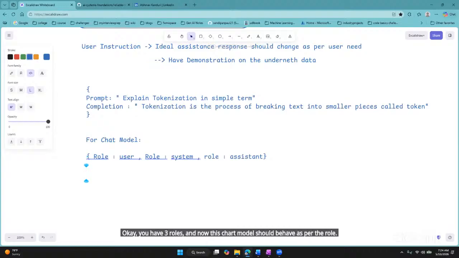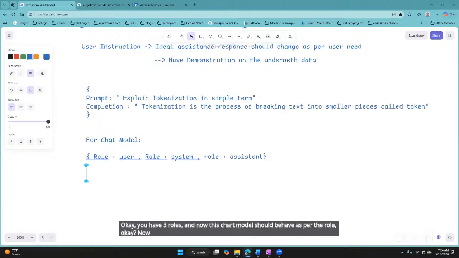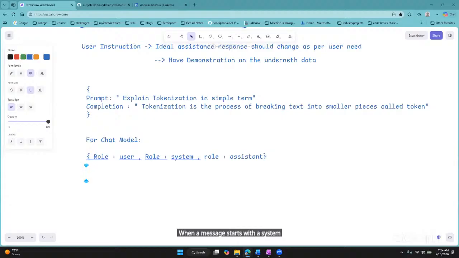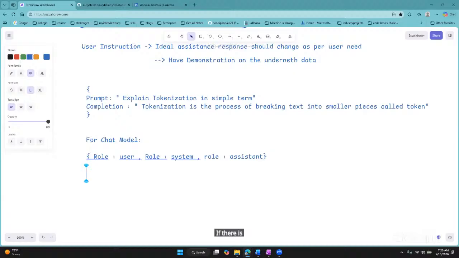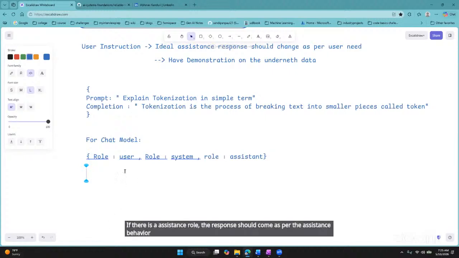When a message starts with a system role, the content should be as per the system role's behavior. If a user is asking the same question, the content should come as per the user behavior. If it is an assistant role, the response should come as per the assistant's behavior. So how does it identify based on the role?